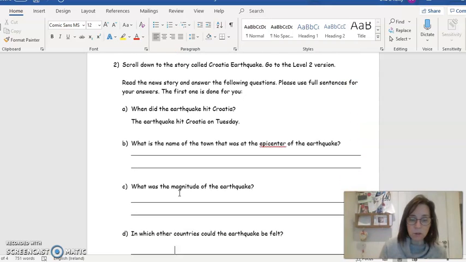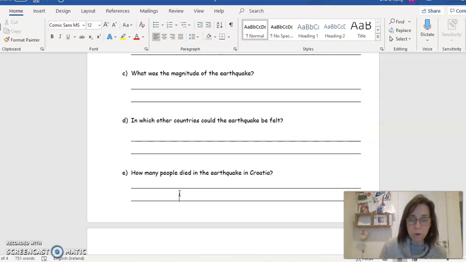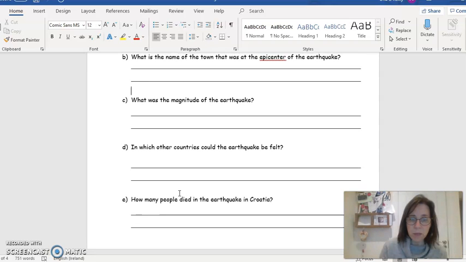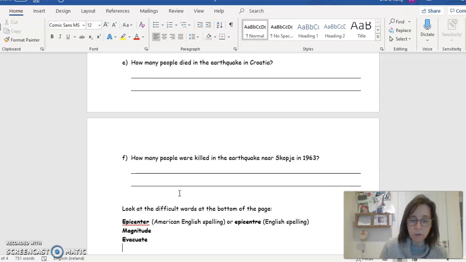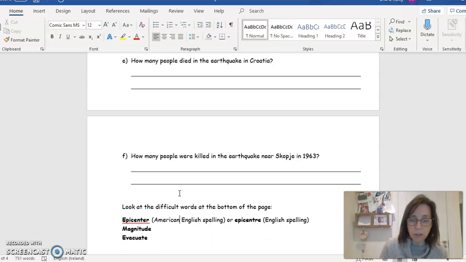Okay, so you can see there are a couple more questions there. You've got B, C, D, E, and F. So I want you to look at those questions, make sure you understand them. You can send me an email if there's anything that you don't understand, and try and give those questions a shot. So try and answer all of those questions based on the information in the article.